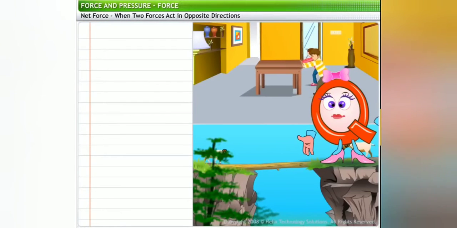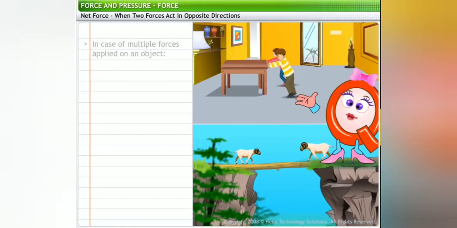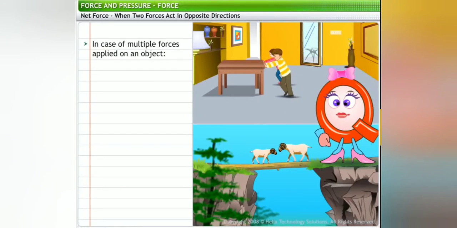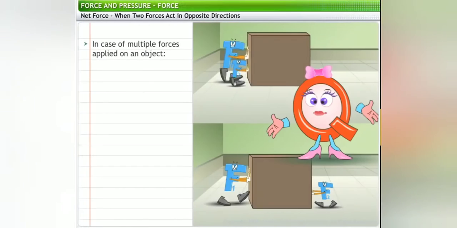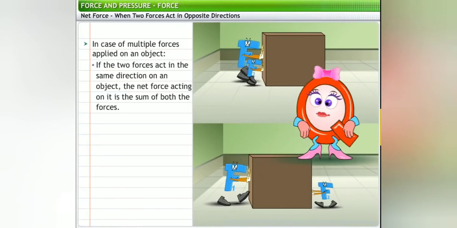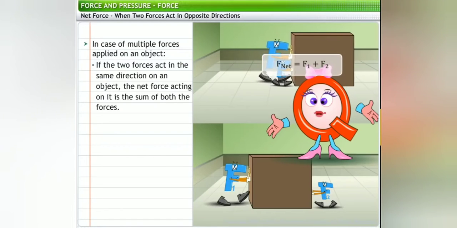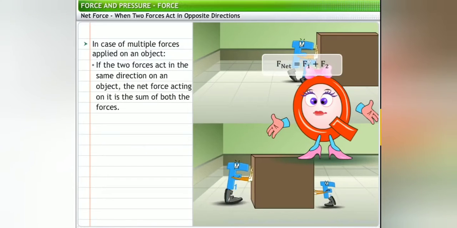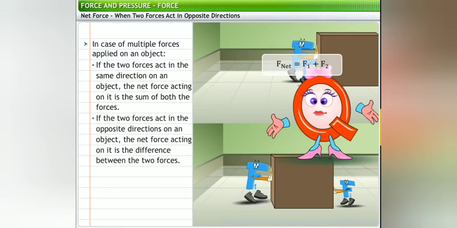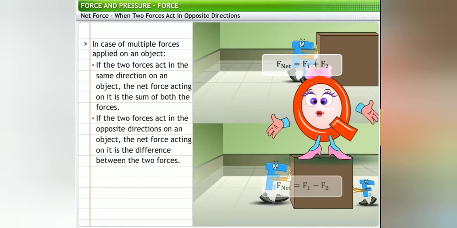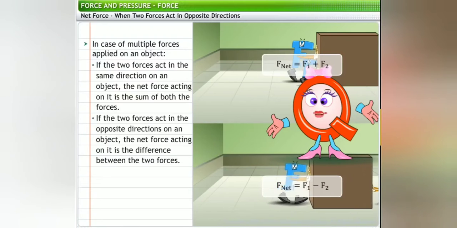Observing these scenarios, we can conclude that in the case of multiple forces applied on an object, if the two forces act in the same direction on an object, the net force acting on it is the sum of both the forces. Conversely, if the two forces act in the opposite direction on an object, the net force acting on it is the difference between the two forces.